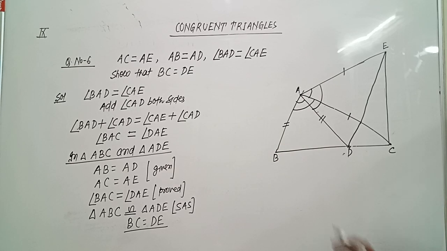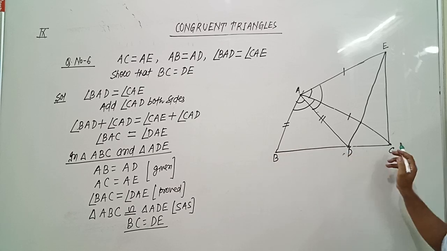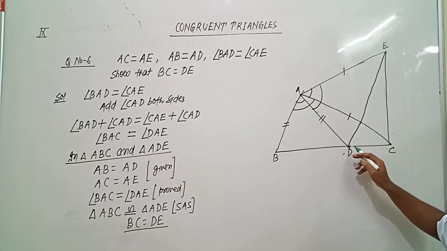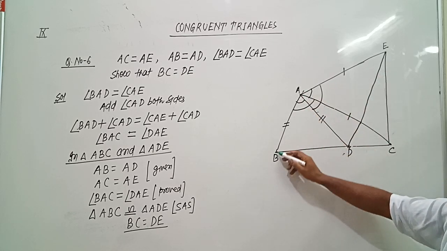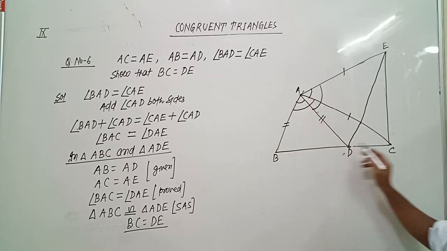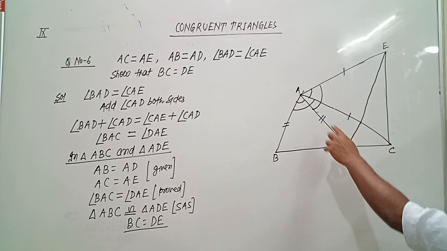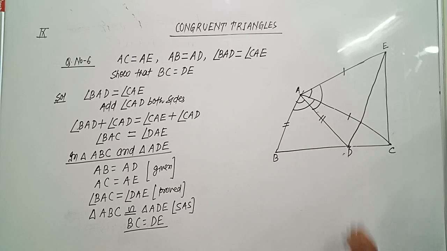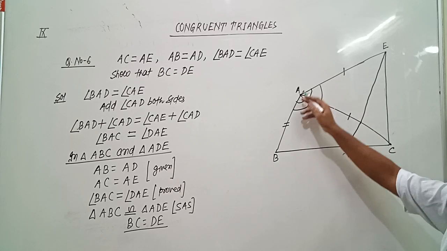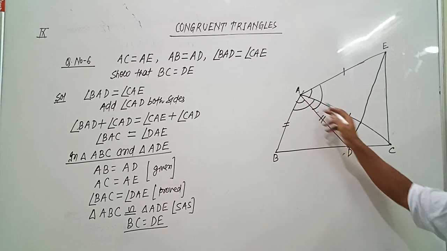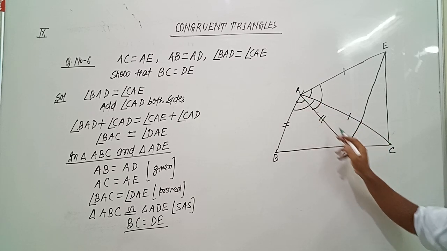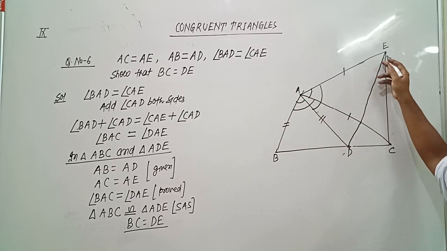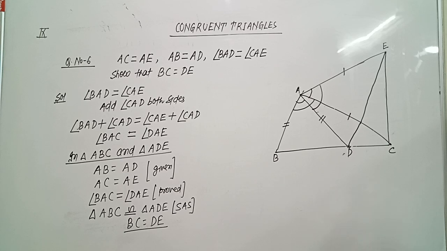Now we take the triangles ABC and ADE, in which side AB in triangle ABC and side AD in triangle ADE, and side AC in triangle ABC and side AE in triangle ADE are equal.